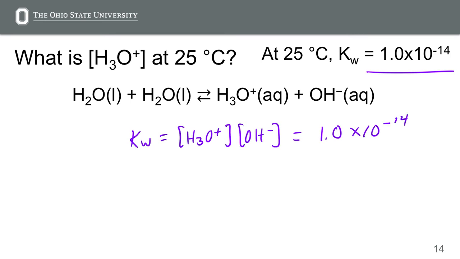And so what we can do, knowing a value for Kw, is calculate a concentration of H3O+ or OH-. So you'll notice that if we were to set up an ICE table, let's go ahead and do it. We'll do our 2H2O in equilibrium with H3O+ and OH-.